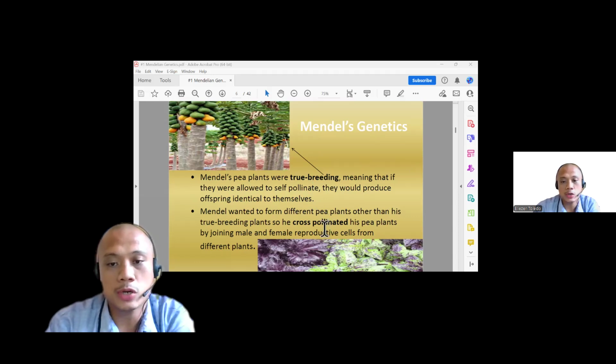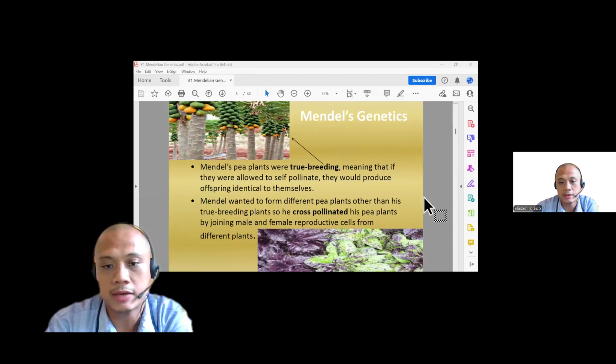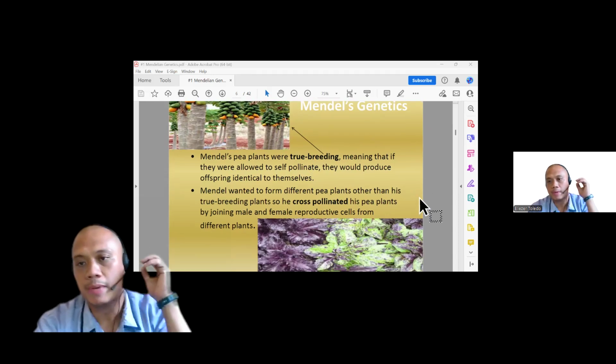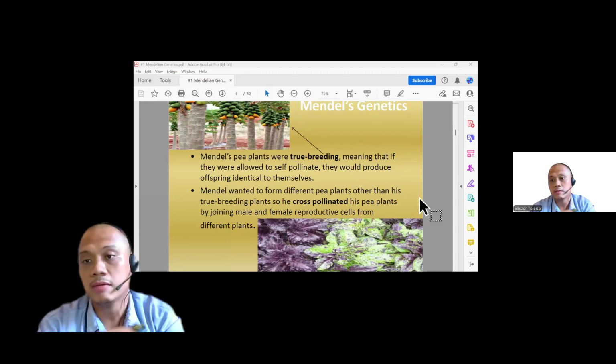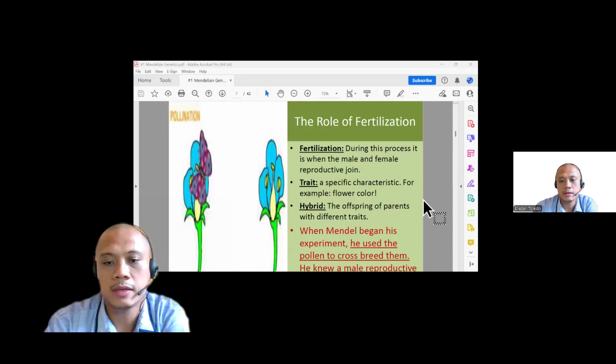Okay? He cross-pollinated his pea plants by joining male and female reproductive cells from different plants. Okay, this is just an example, but of course, with Mendel's genetics, he was practically using a pea plant.